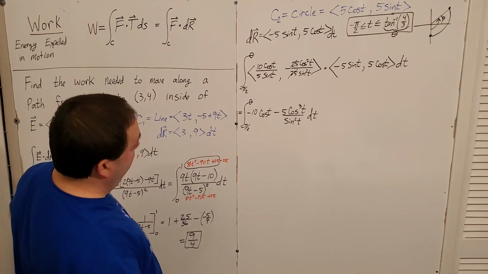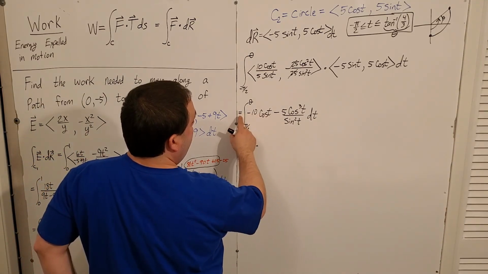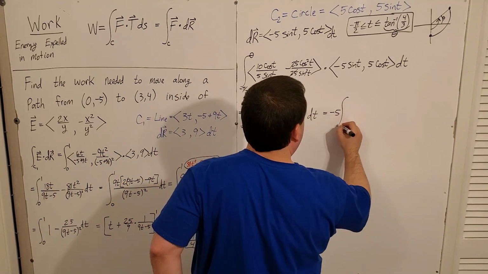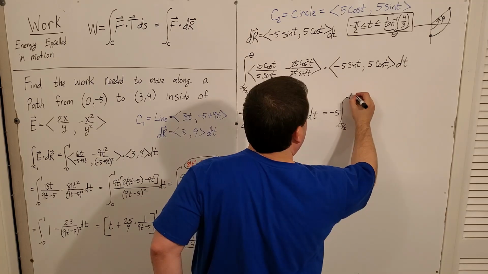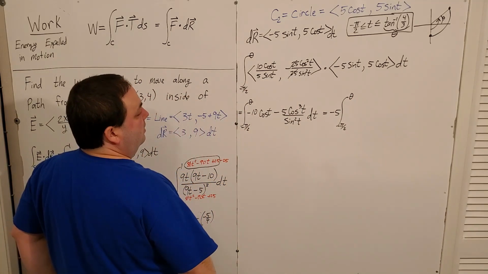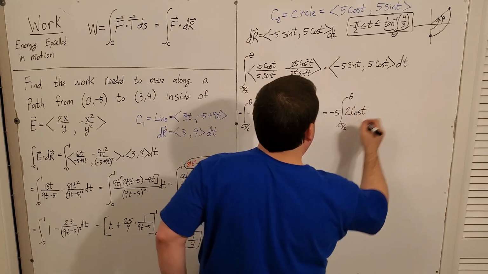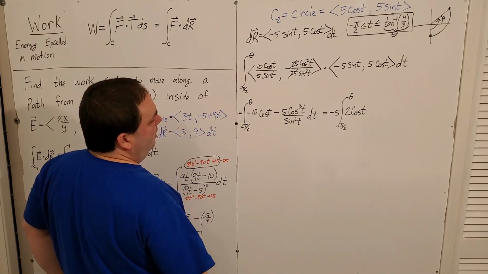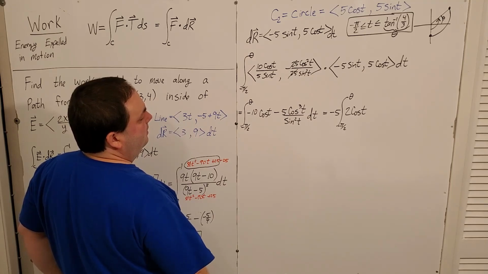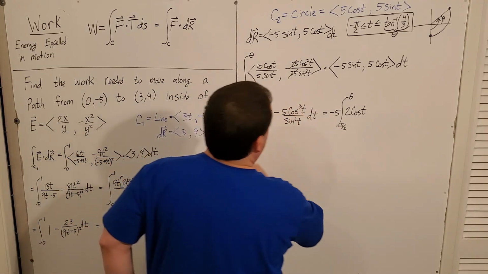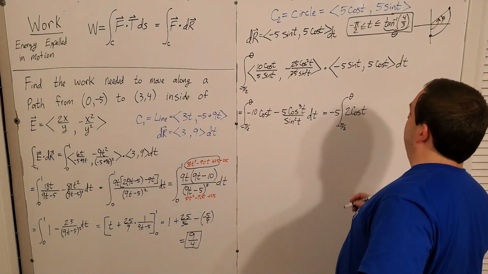First and foremost, I can definitely take a -5 out. That will help a bunch. Get those numbers out of the way. I'll have 2 cosine t right there. And let's see. Let's go ahead and split a piece of this right here.